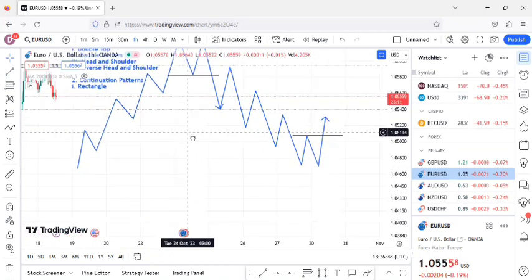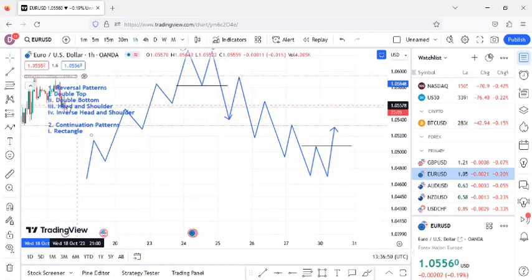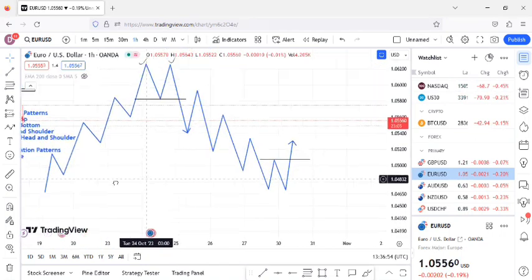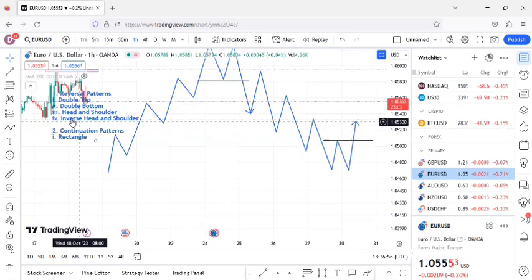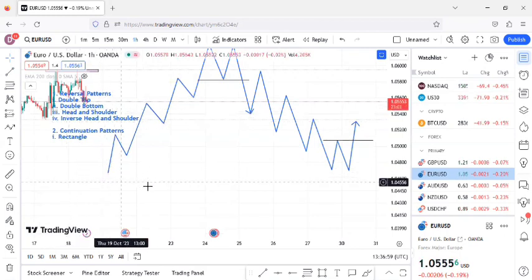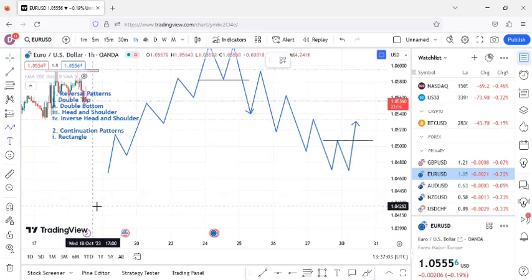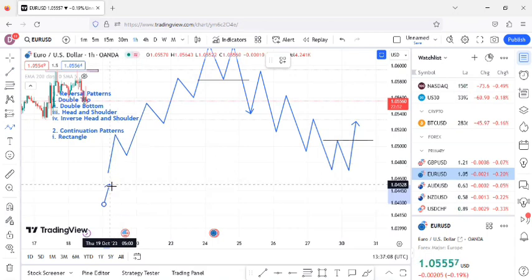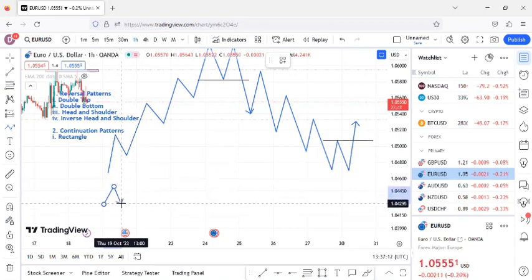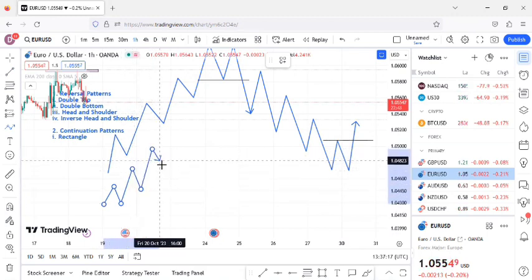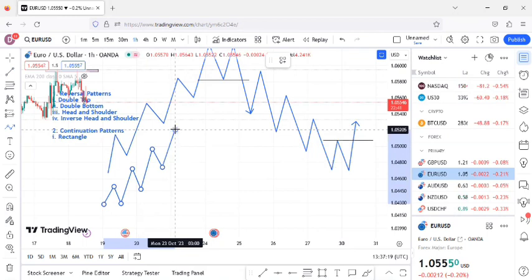So now the next one that I'm going to talk about is head and shoulder. If you look at this pattern that I'm trying to draw here, in an uptrend, you have low, high, higher low, higher high, higher low, higher high, higher low, higher high.